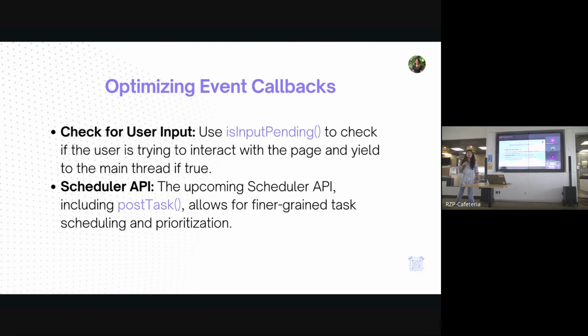One more thing, checking for user input. So isInputPending is one of the functions of a web API that we'll be using. It's an input device API, which tells you, remember the interaction overlapping that I was talking about. A person is clicking on the button again and again, right?